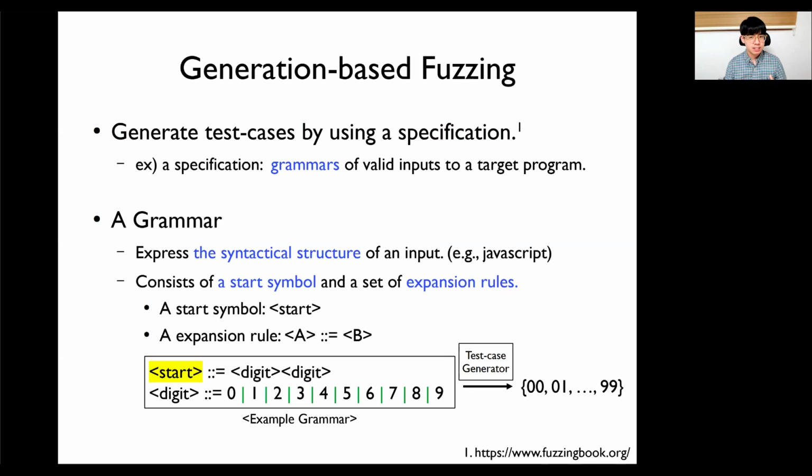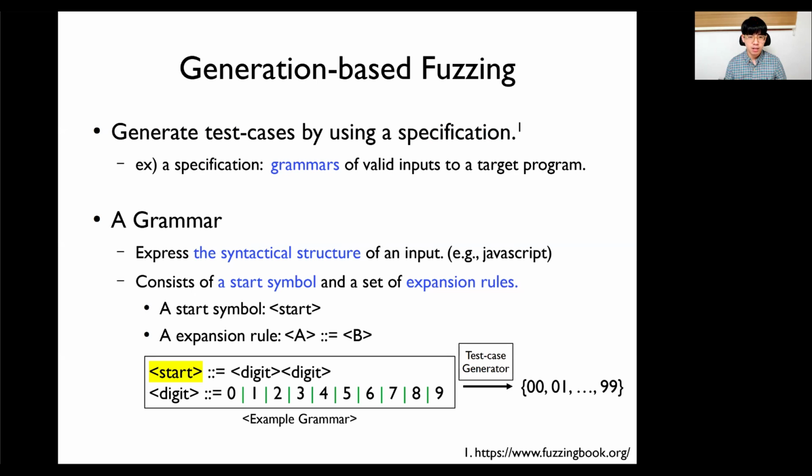For example, let's consider these simple grammars. In these grammars, the start would be replaced by digit based on the first expansion rule. Again, digit can be replaced by a number string from 0 to 9 based on the second expansion rule.